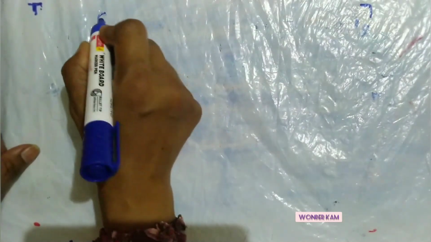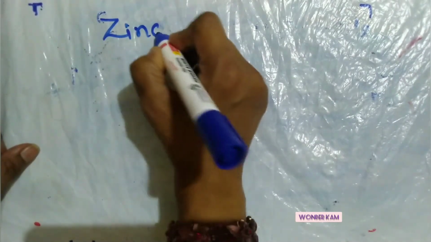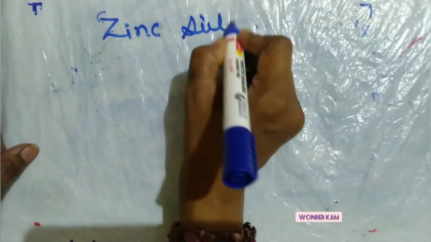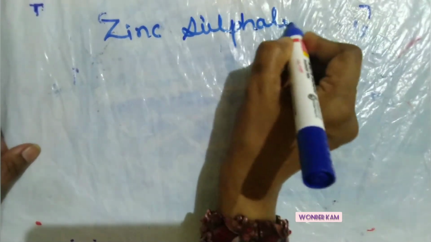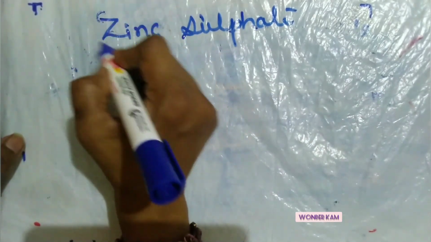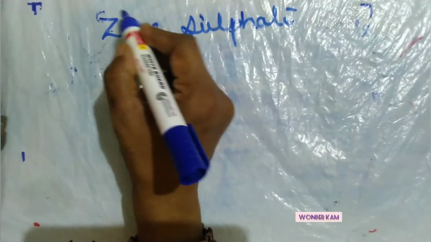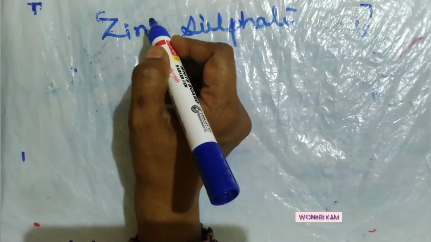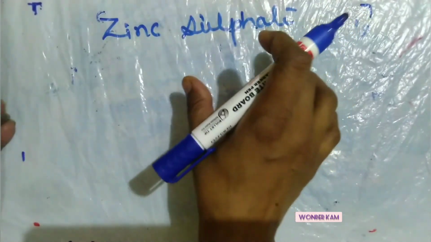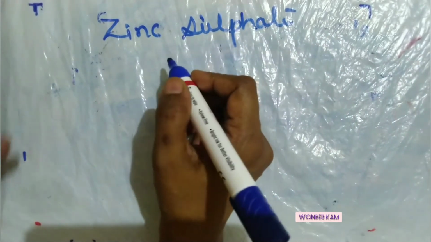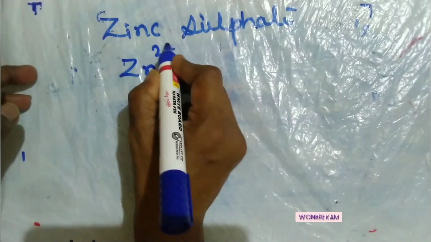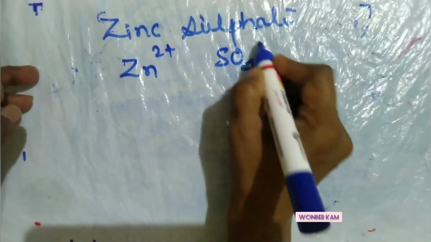Then one more, zinc sulfate. See, in all the cases the positive ions come first while naming, isn't it? Zinc, sodium, calcium, the positive ions always come before the negative ions. So this is zinc, SO4 2 minus.